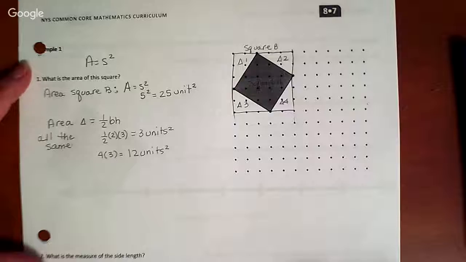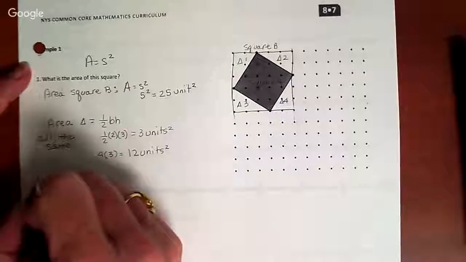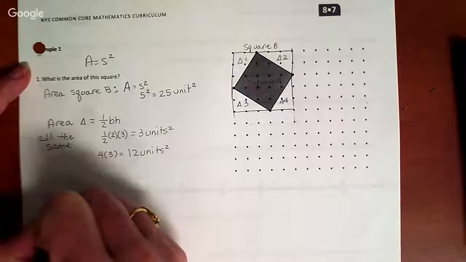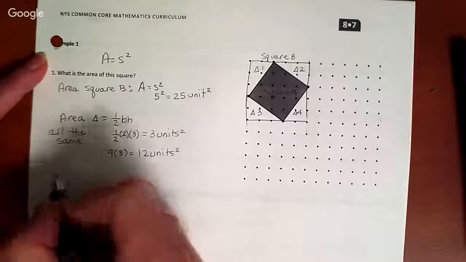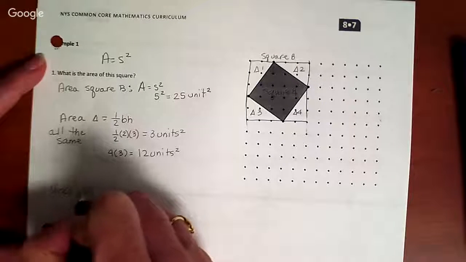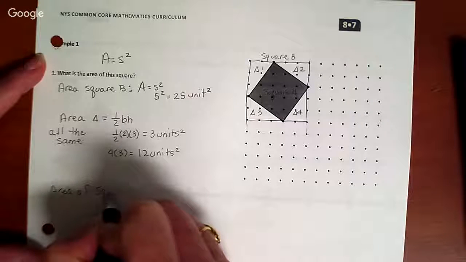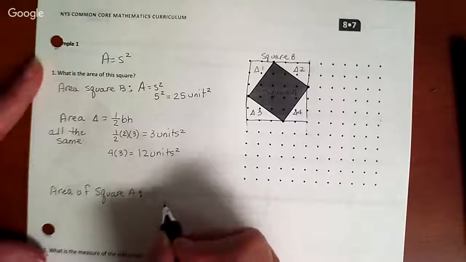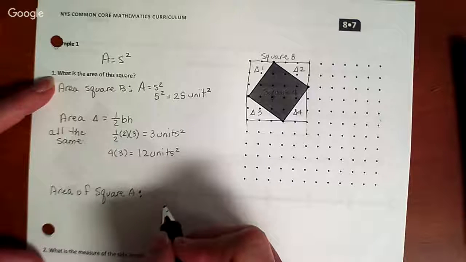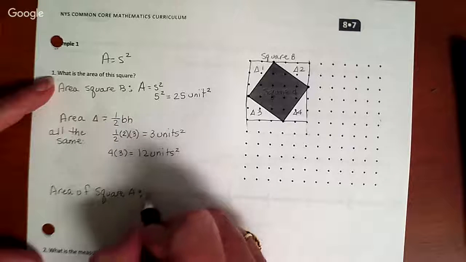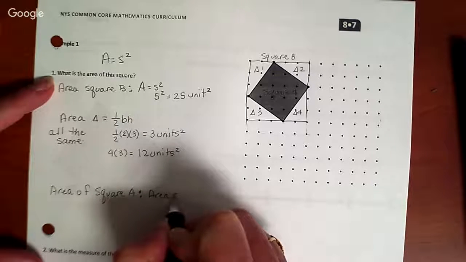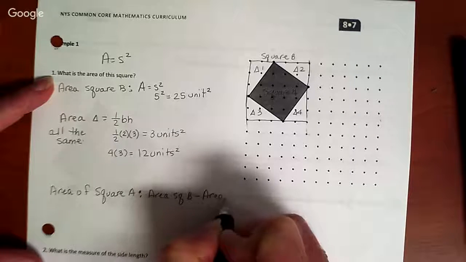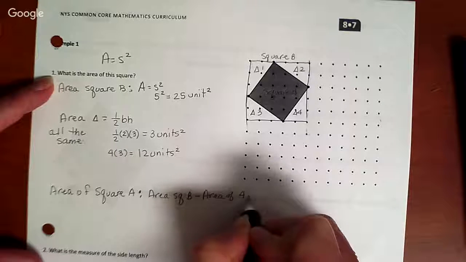So now to find this area of the square of A, it would be the area of square B minus the area of the 4 triangles.